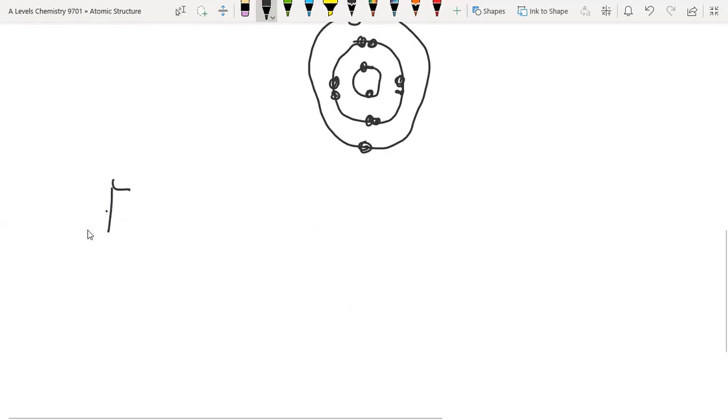You have to solve these two examples: potassium 19 and fluorine 9.